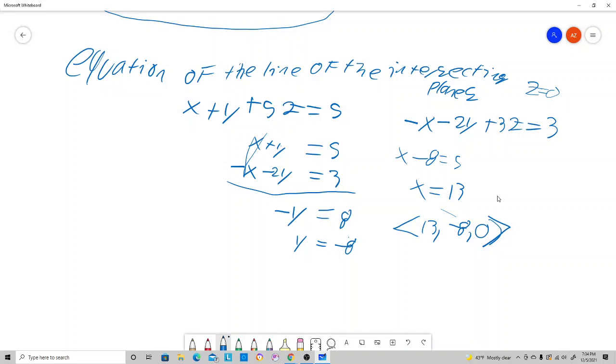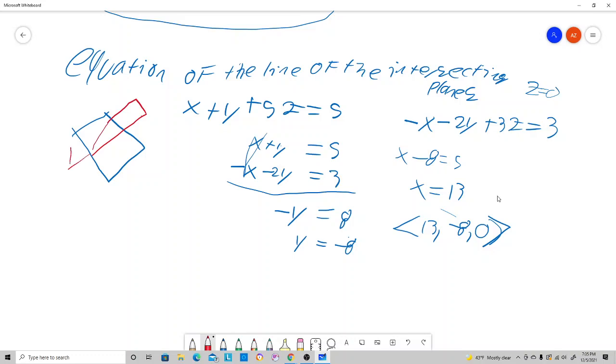So now all we have to do is find the direction of where it intersects. We have to take the cross product of the two planes. So let's say this plane is here, and the other plane is intersecting it, kind of crossing it.